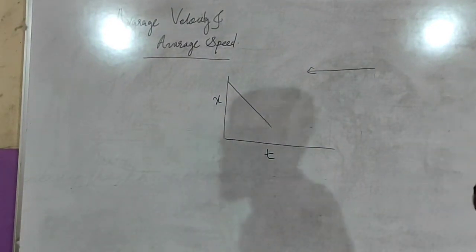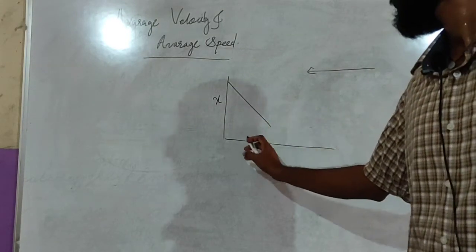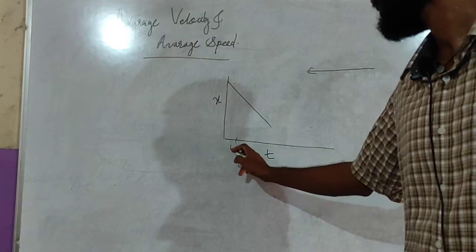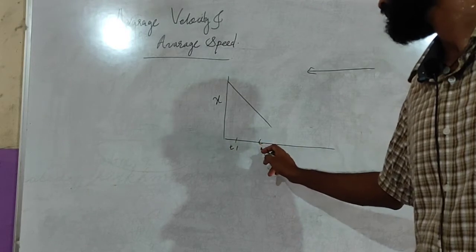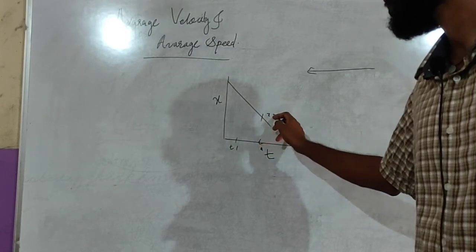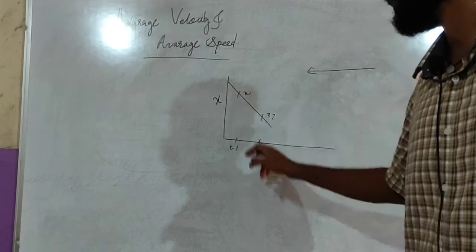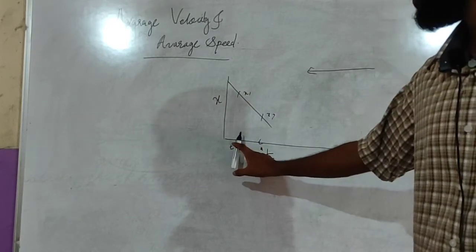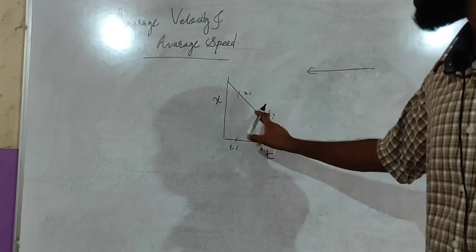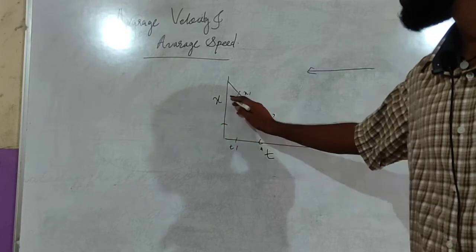In such cases, suppose you take this one as time t1 and this one as time t2, then the positions will be x2 and x1. So, t2 minus t1 and x2 minus x1, you can see x2 is a smaller value than x1.